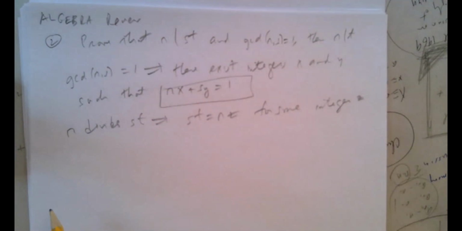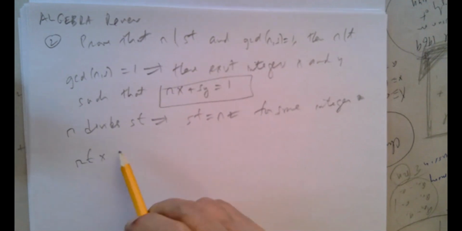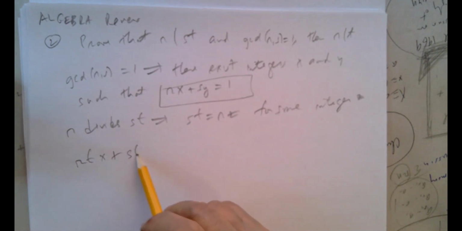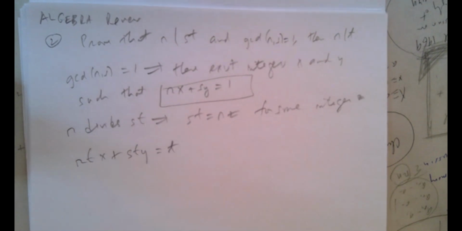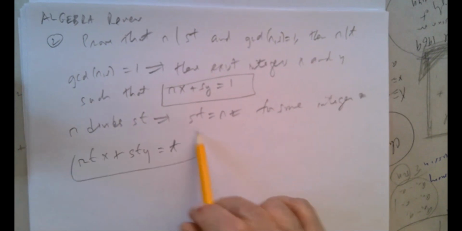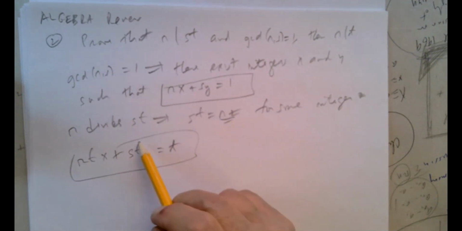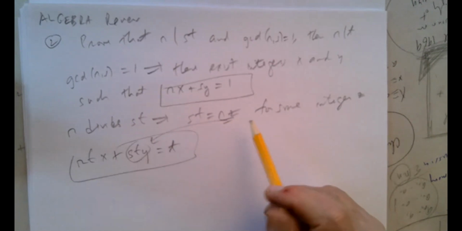So take this equation and multiply by T. You get RTX plus STY equals T. But ST you can write as RZ.